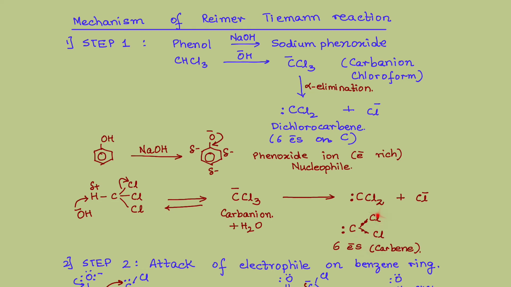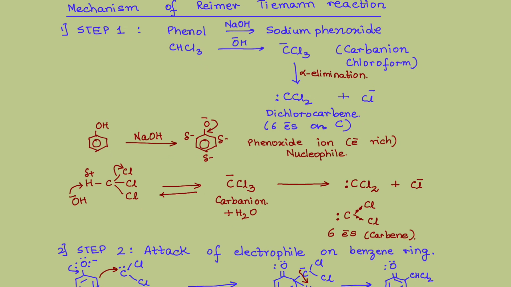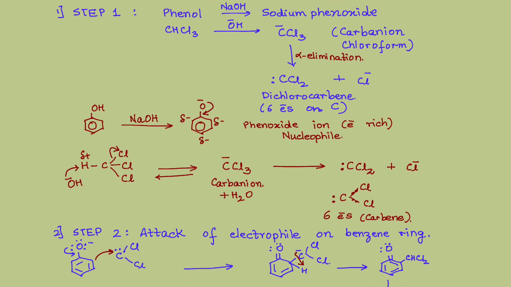And specifically the name of this carbene intermediate is dichlorocarbene intermediate. This dichlorocarbene intermediate is now short of electrons. Short of electrons means it will try to go to some place where there is an excess of electrons. In other words, it itself is going to behave as an electrophile.